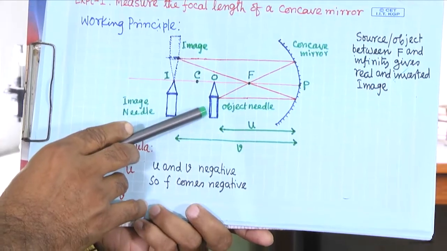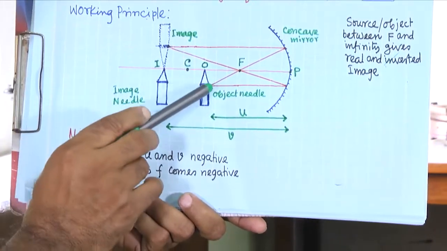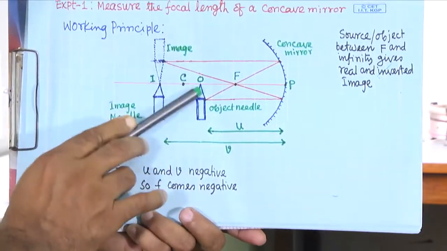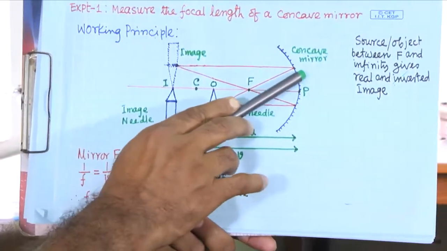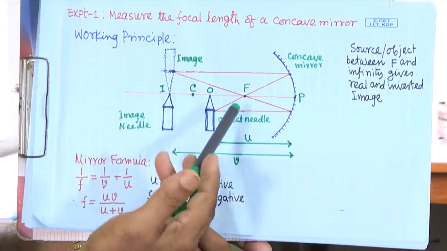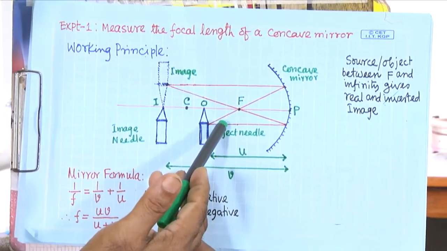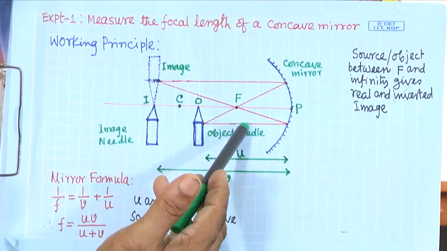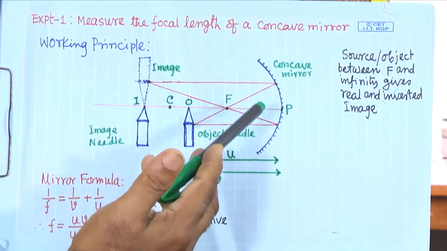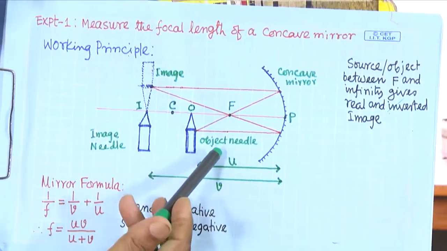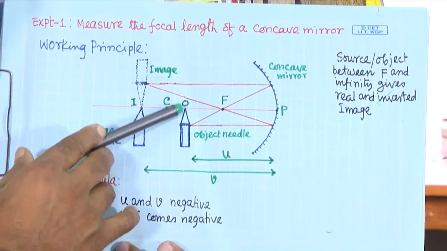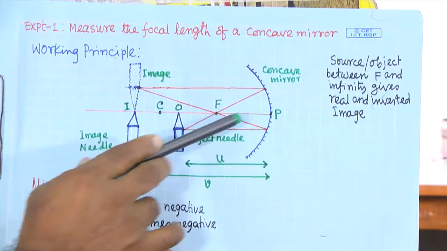So, from this position of the object, we will see the image of this object in the mirror. How this image is formed, where we will see the image, whether it is a virtual image or a real image, whether it is an inverted image or an erect image, that will depend on the distance of the object needle from the mirror.